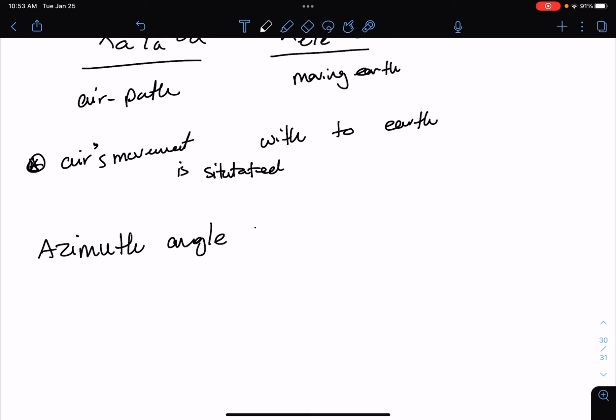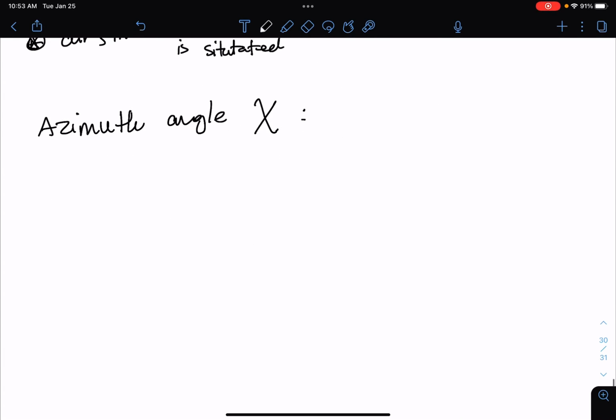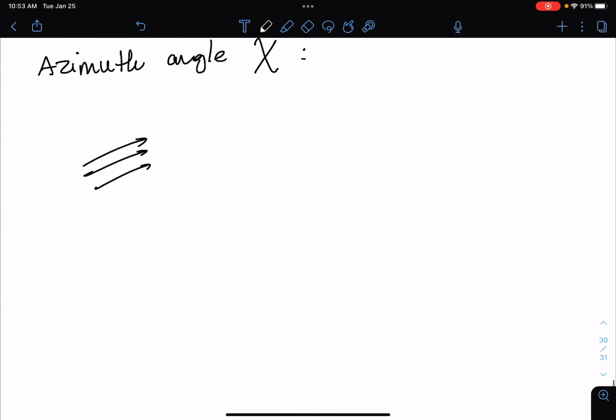It is shown with the capital letter chi. So let's say air is moving in this direction, and you have the Earth right here. Again, one of the problems we are having here to understand these angles is that I'm writing on a two-dimensional board, but I'm trying to explain a three-dimensional axis system, right? So keep that in mind.